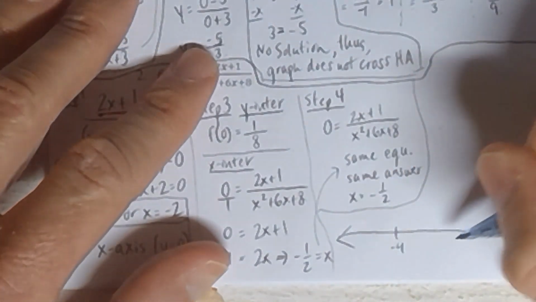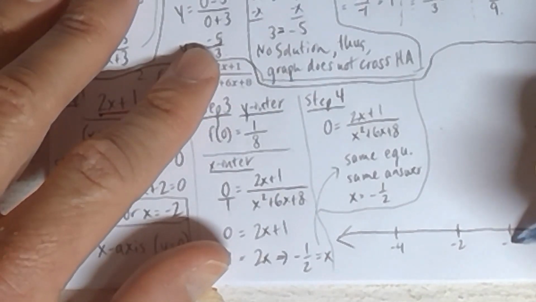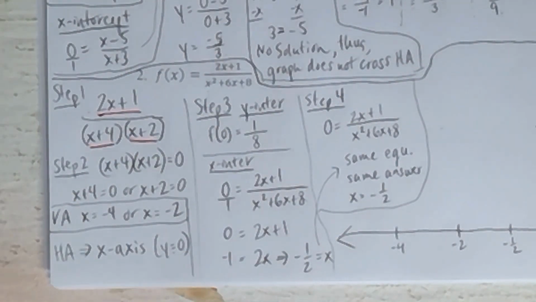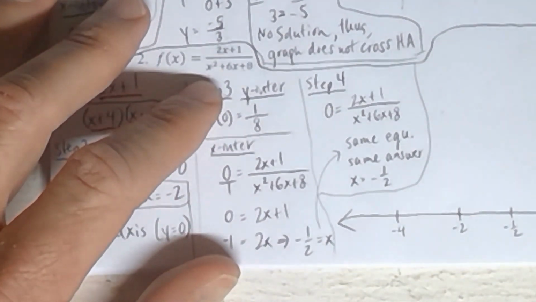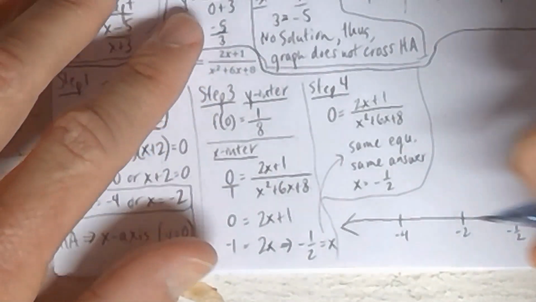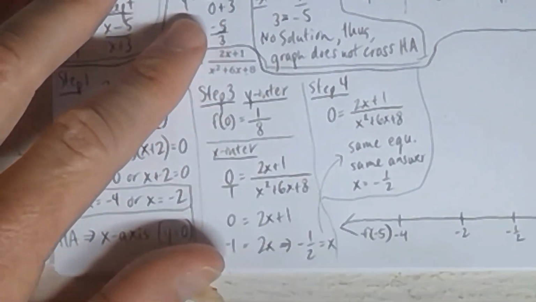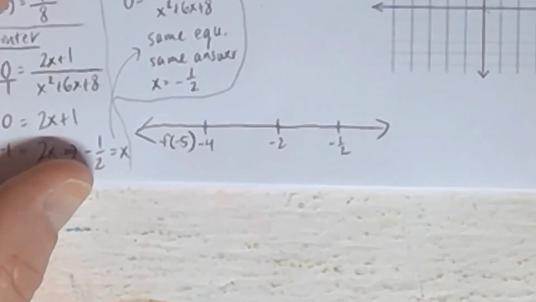Negative 4, negative 2, negative 1/2. Okay, let's see how that comes out. So let's say that I plugged in f equal to negative 5 right here. I know it's getting kind of small here, so let me zoom in there for you.